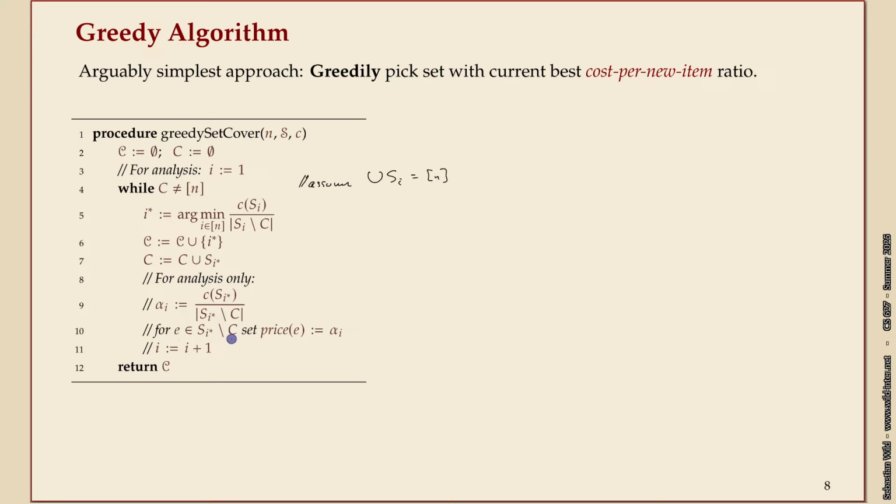And for all the elements that we now gained in the covered elements C, we set the price at which we have covered them to alpha i. An immediate observation is that this price over time, and the alpha i's, can only increase because we're taking away elements that could have reduced the cost, and we're always picking the best current one.